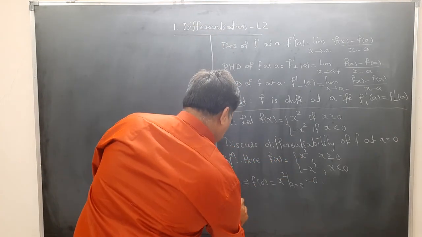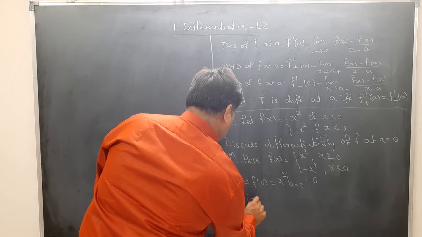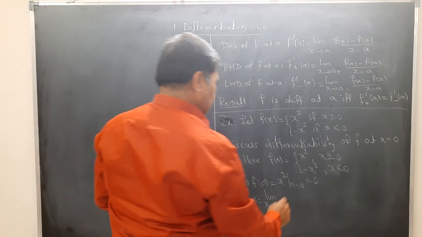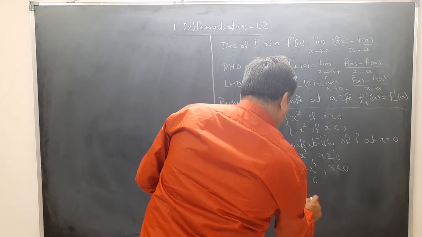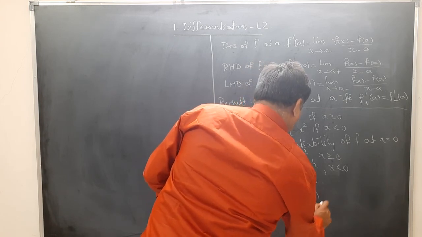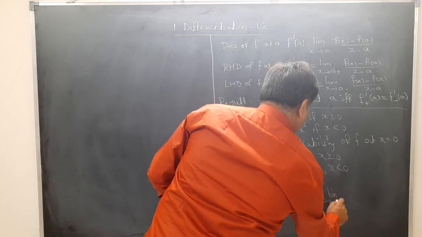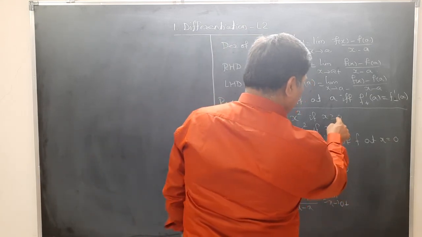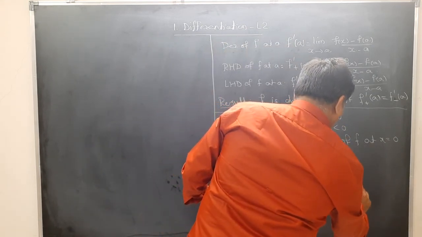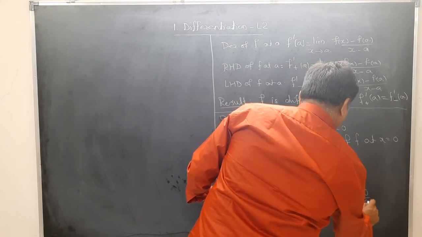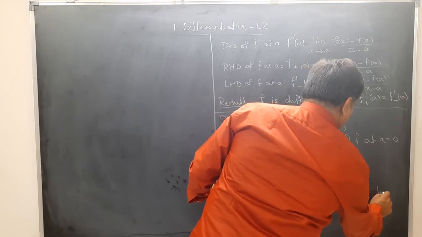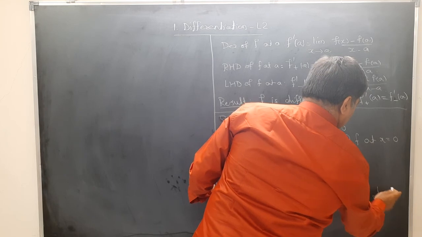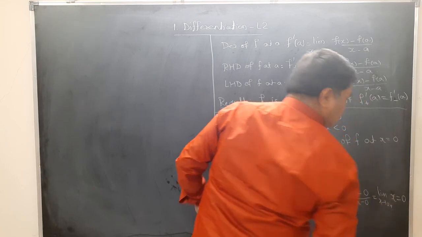Okay, f dash plus 0 is equal to limit x tends to 0 plus, x approaches 0 from the right side, of f(x) minus f(a) divided by x minus a, which is equal to limit x tends to 0 plus. On the right side of 0, f(x) takes x square and f of 0 is 0, upon x minus 0, which is limit x tends to 0 plus of x, right, since x not equal to 0.